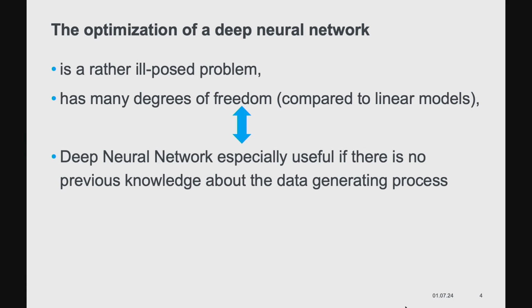Okay, so now you know how you can optimize the parameters of your neural network. There are some inherent problems in that. So to optimize the parameters is a rather ill-posed problem. Do you know what an ill-posed problem is in general?